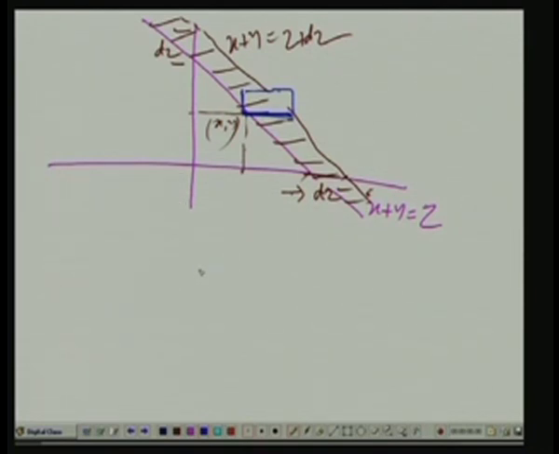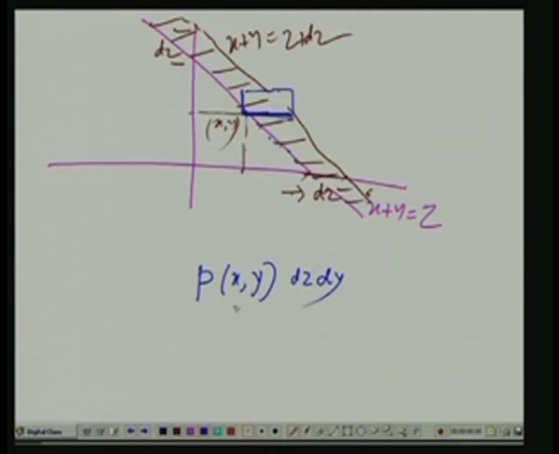So, I have got dz dy, right. I will take x, y here, then another at this point, at this point, at all these points on this line, and find these probabilities. These are elementary or infinitesimal probabilities, and I sum them on this line. Okay.